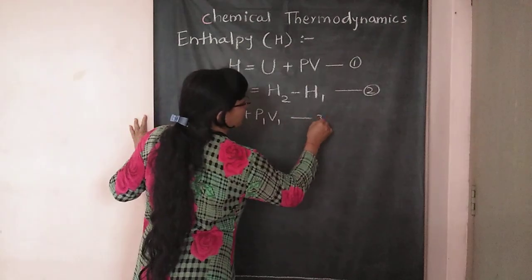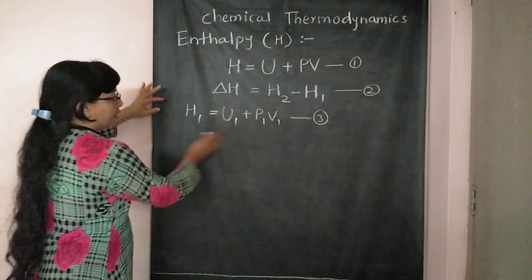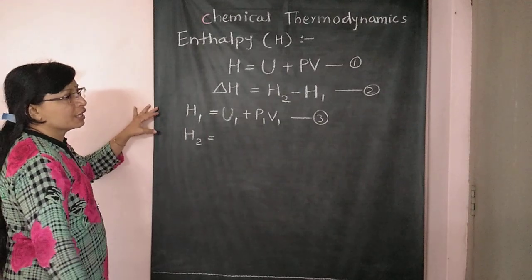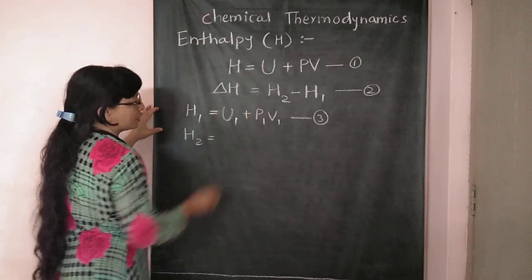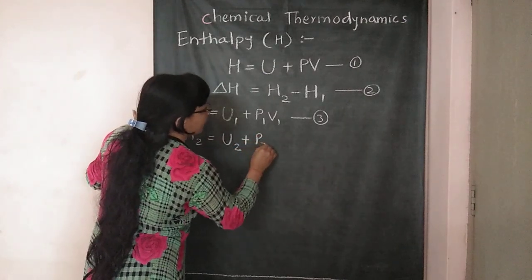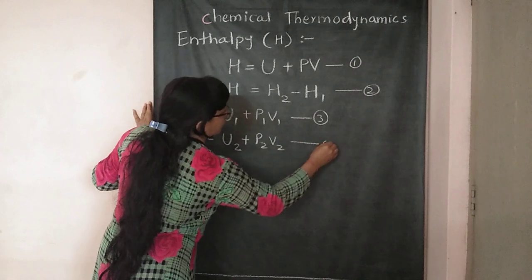Suppose this is the third equation. And the enthalpy of the final state, H2, is equal to U2 plus P2 V2. Suppose this is equation 4.